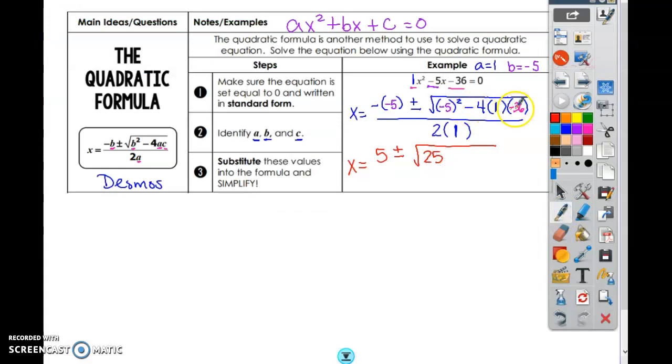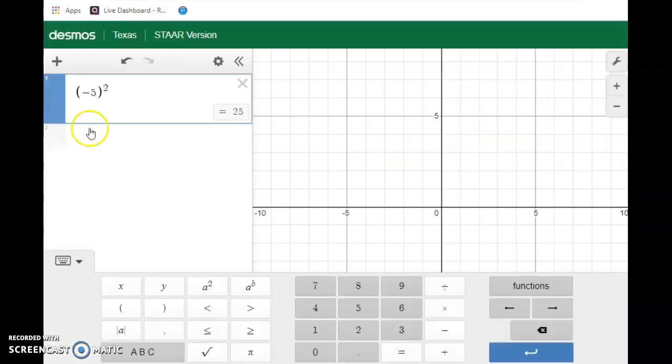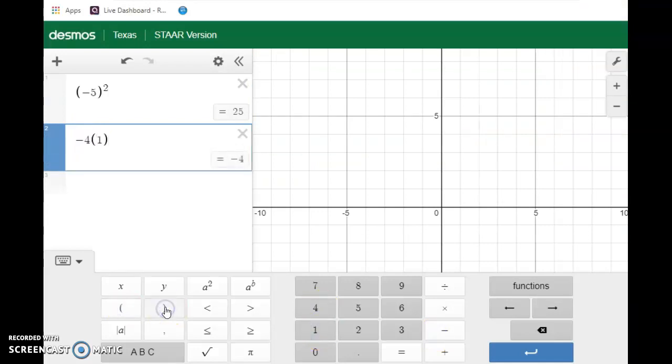Then I'm going to type all of this in Desmos. Negative 4, parentheses 1, parentheses, negative 36, close parentheses. So like this, negative 4, open the parentheses, put a 1 inside, close the parentheses, open the parentheses, put a negative 36, close the parentheses. If I multiply all of those, it gives me 144, positive 144.